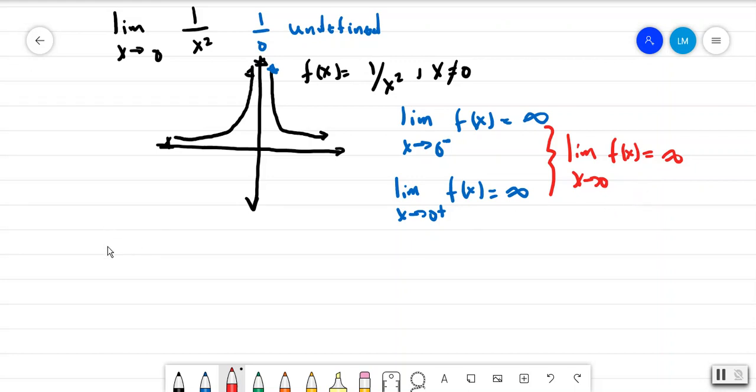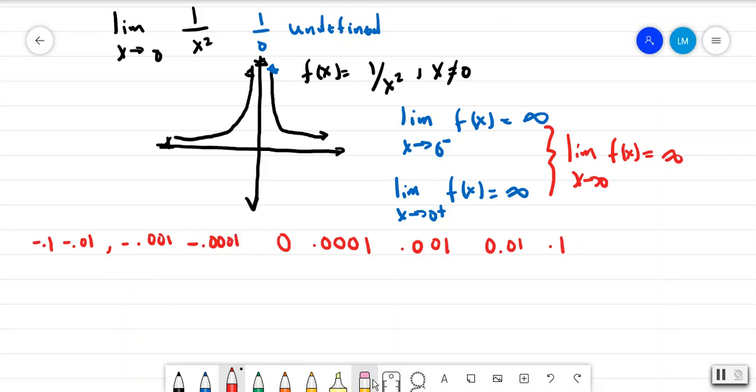Another way you could show it is to look at 0, but also at values like 0.1, 0.01, 0.001, and 0.0001. And maybe you might want to do the same thing from the negative side, so you're looking at it from the same side: negative 0.1, negative 0.01, negative 0.001, and negative 0.0001.